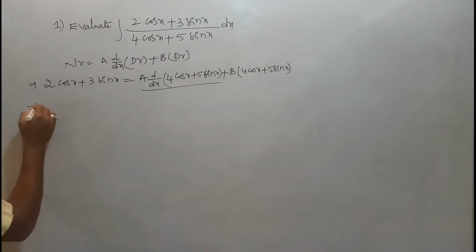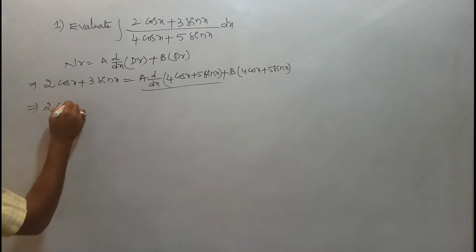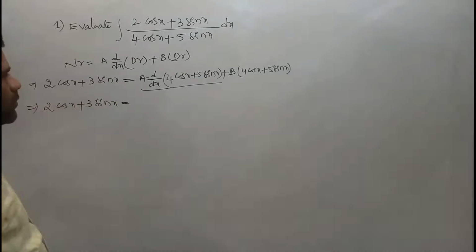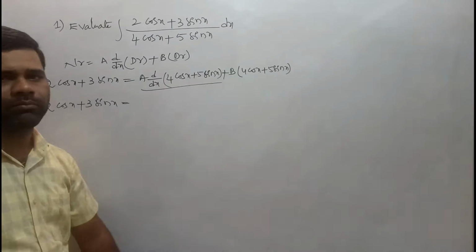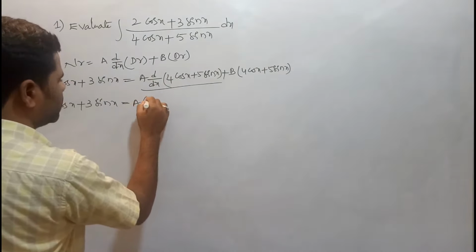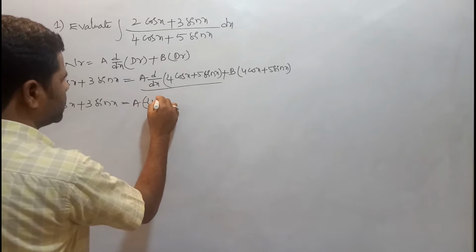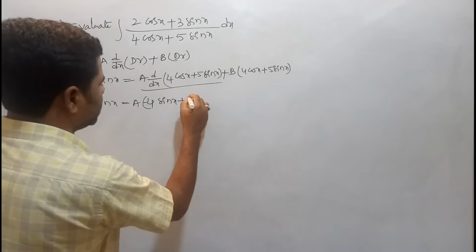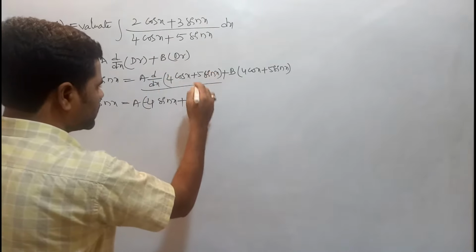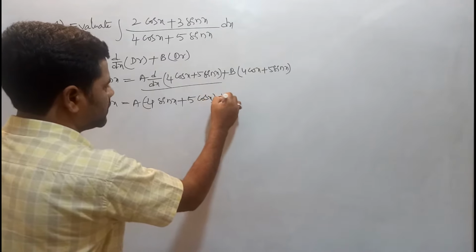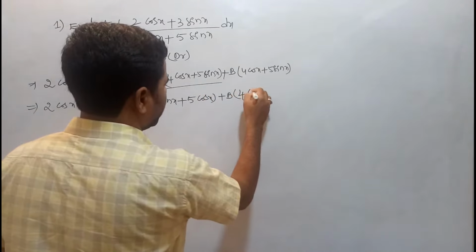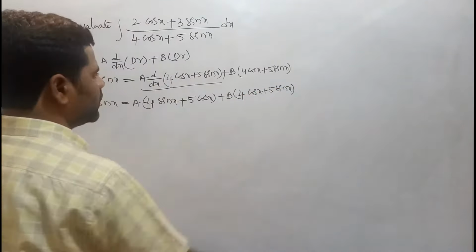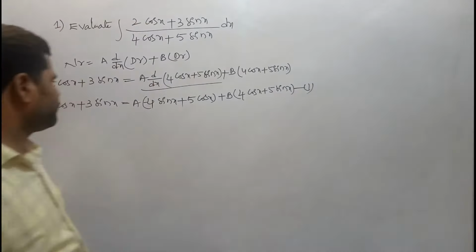So 2 cos x plus 3 sin x is equal to a (minus 4 sin x plus 5 cos x, since 5 is constant and d by dx of sin x is cos x) plus b of (4 cos x plus 5 sin x). This is equation number 1.